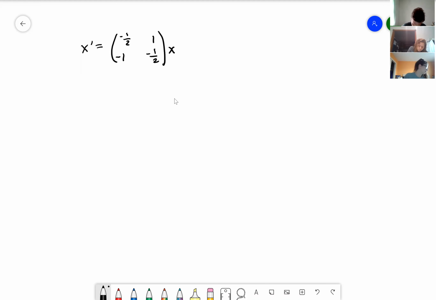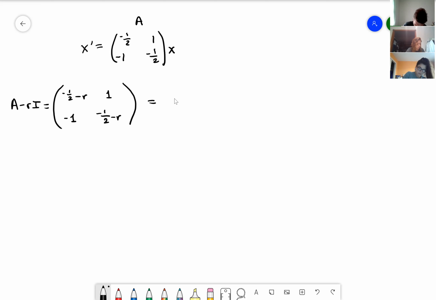All right, so first step is finding the eigenvalues of this matrix. So I'll form the matrix. Let's call this A minus rI, going to be [-1/2 minus r, 1; -1, -1/2 minus r].